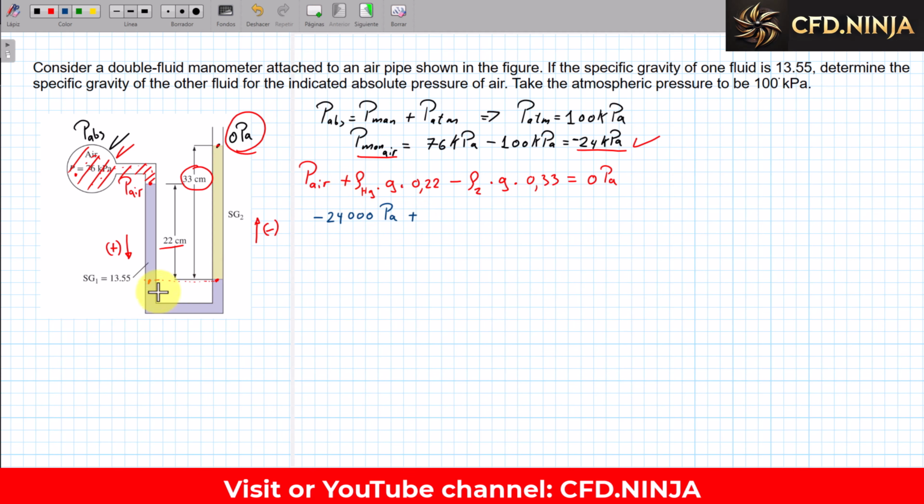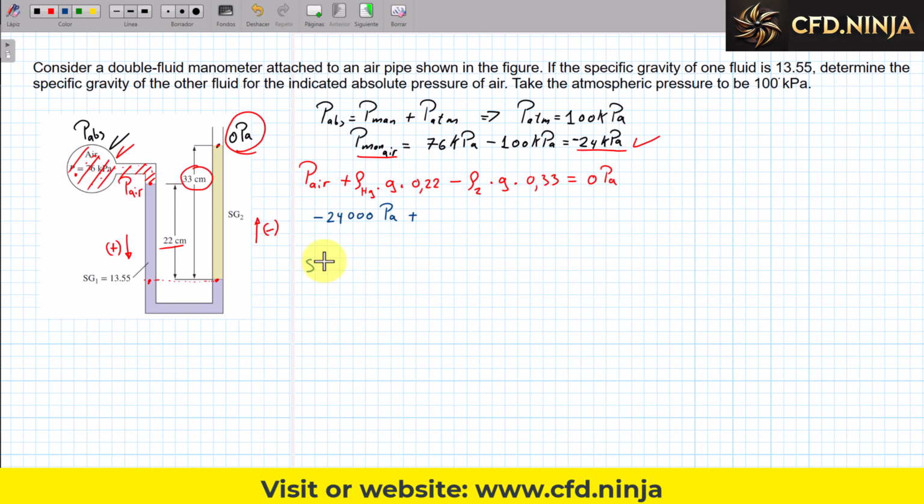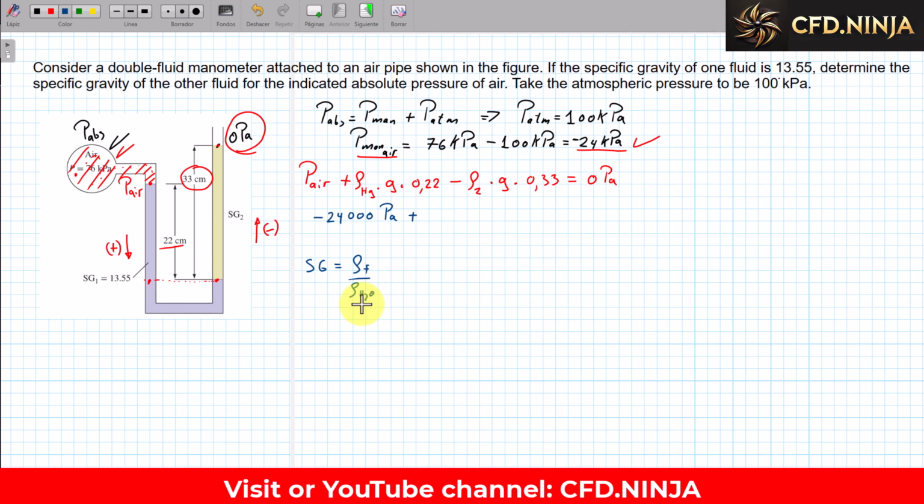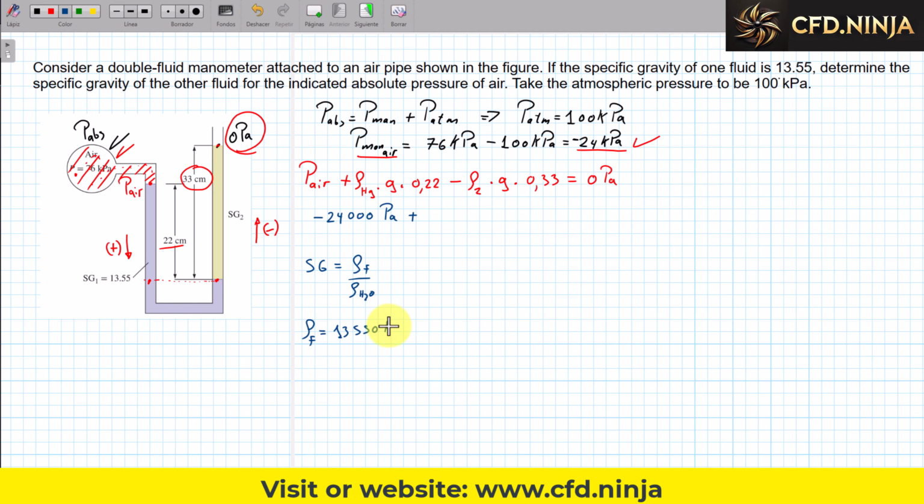As this is the specific gravity, we know that the specific gravity is equal to the density of a fluid over the density of water at 4 degrees Celsius, and this density corresponds to 1,000. Which means that the density of that fluid, which in this case is mercury, is going to be equal to 13.55 times 1,000, which would be 13,550 kilograms per cubic meter.